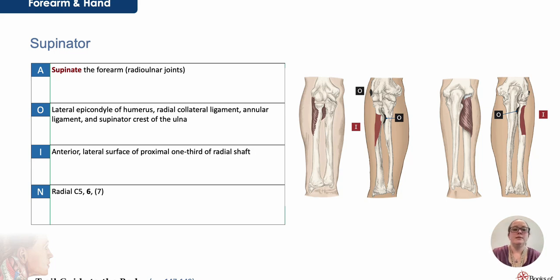So it originates over here on the lateral epicondyle. There are a bunch of other sections because of the shape of it. It's on a bunch of ligaments, all that fun stuff. And then the crest of the ulna, so it's kind of hanging out in between the two. Then it crosses over and attaches onto the radial shaft, the long bone of the radius.